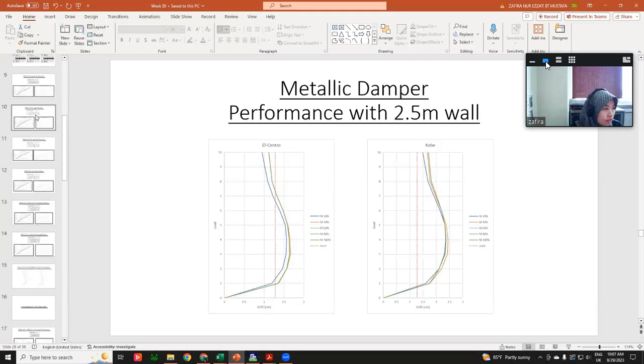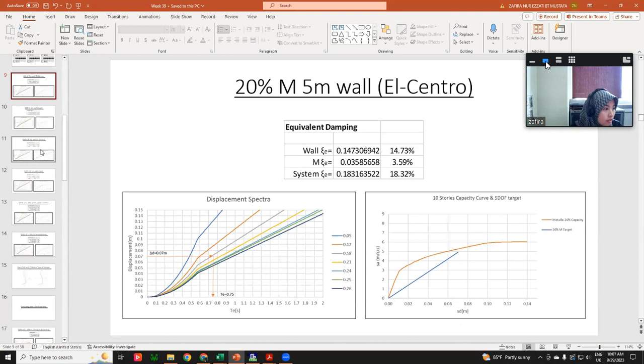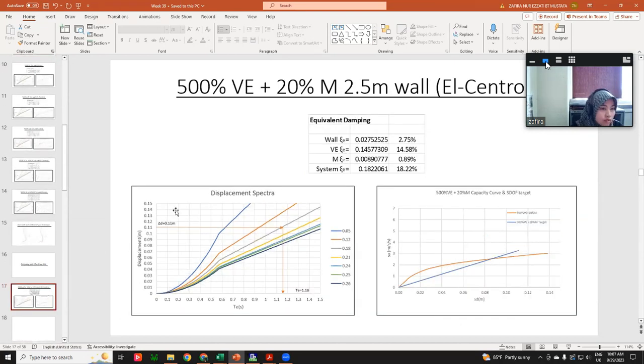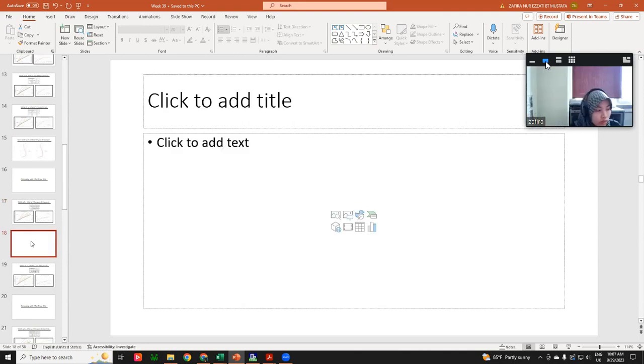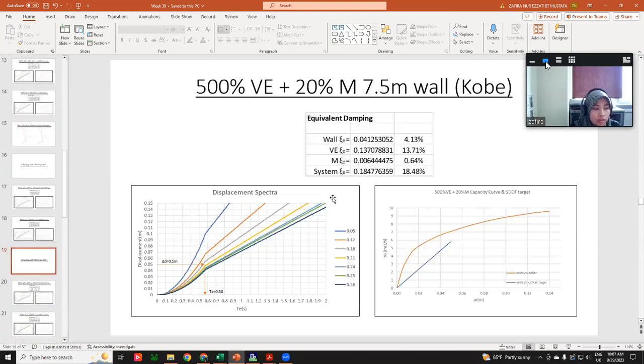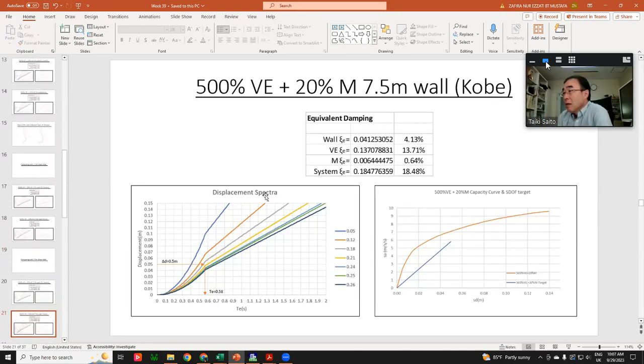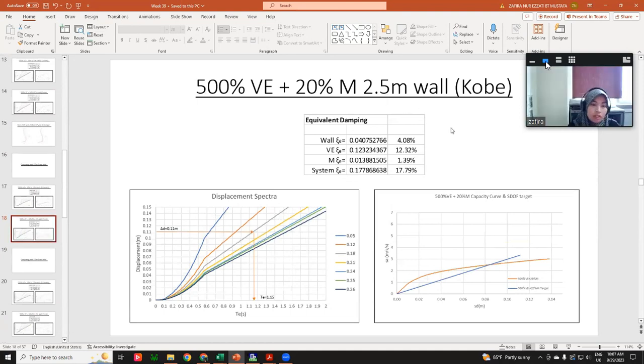So 2.5 meter. This is 5 meter. Yeah, this one's missing. 2.5 meter. So under Central, the straight line is over the capacity curve. Yes. And also under Kobe, this one. It's 7.5, this one.